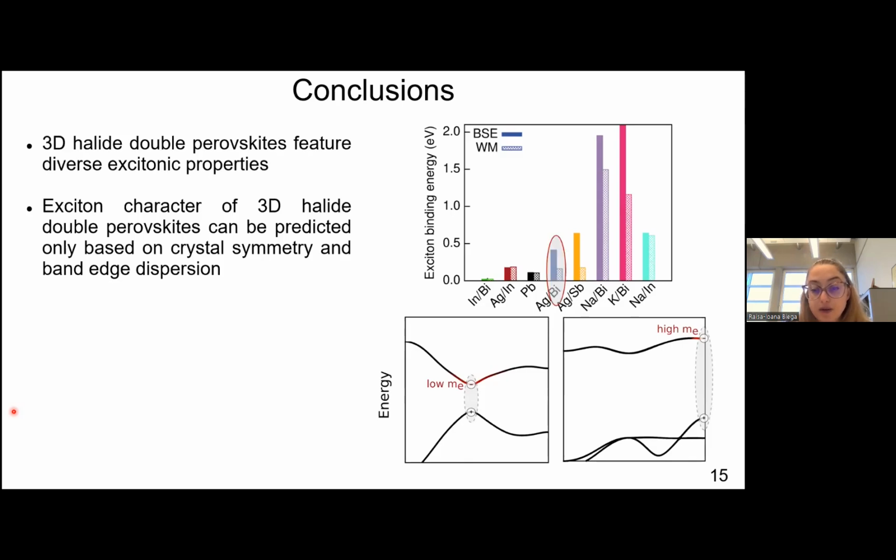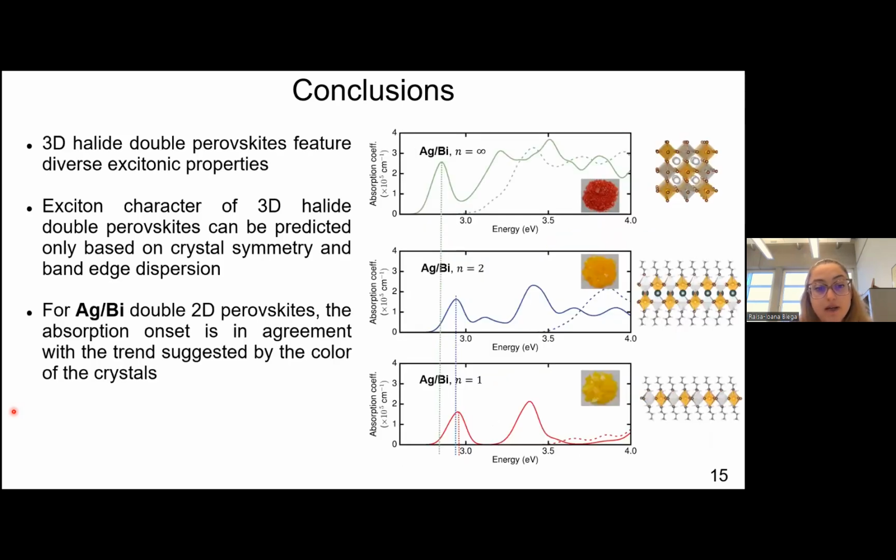And for the 2D materials, with our approach we are able to get the same onset order in n equals 1, 2, and the 3D materials as in the experiment.